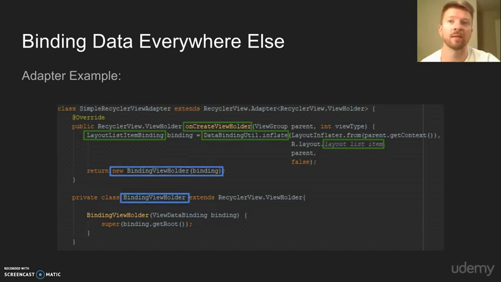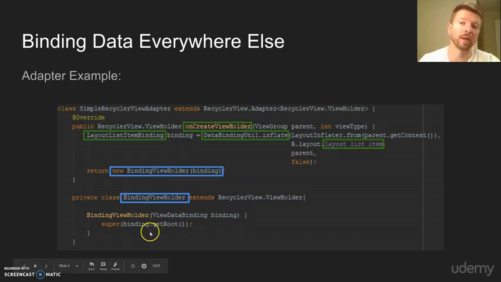Then again, using the recycler pattern, we have our view holder that takes a binding. It's a custom subclass of a view holder, and we just call the super's constructor here with the view. Again, we do binding.getRoot to pass the view to the parent.